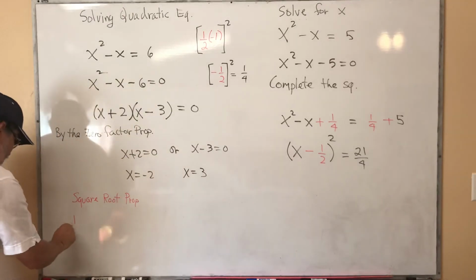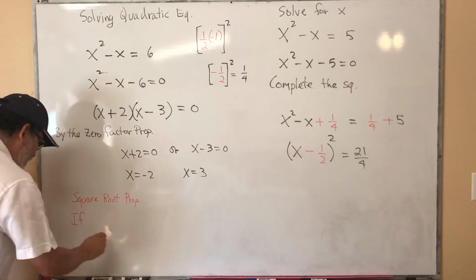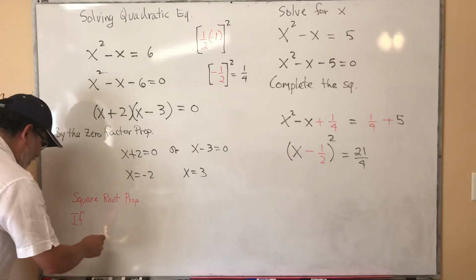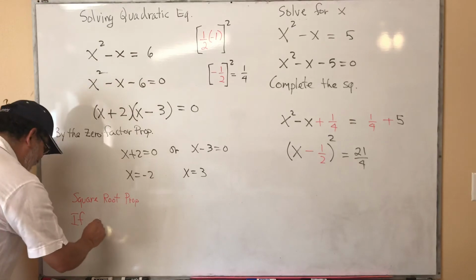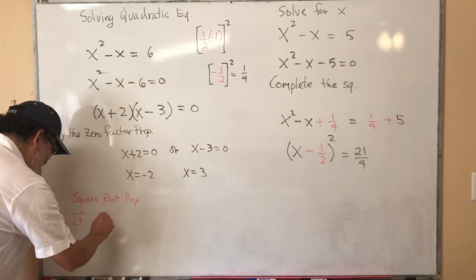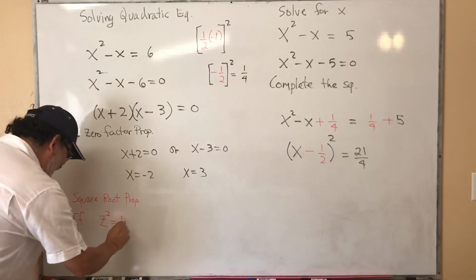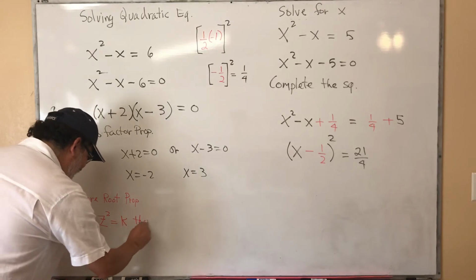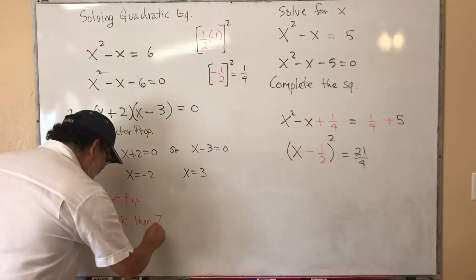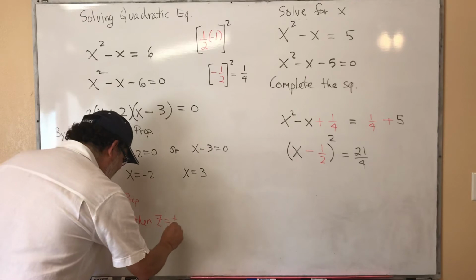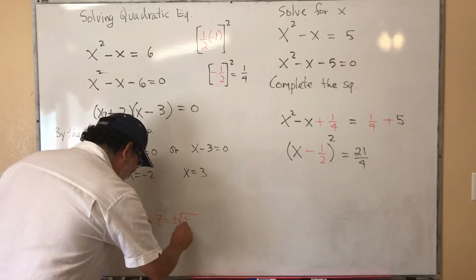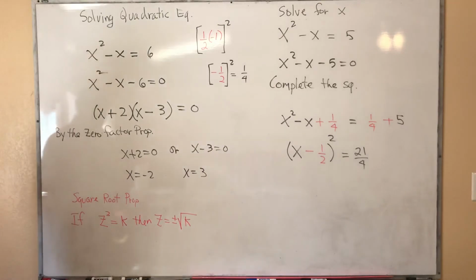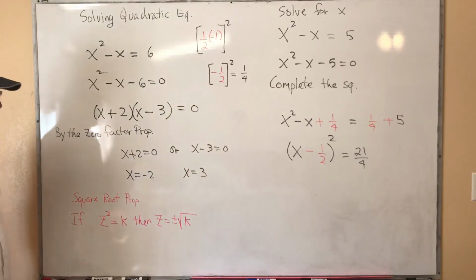It says if something squared, if z squared equals k, then z equals plus minus the square root of k. I should have used dog instead.